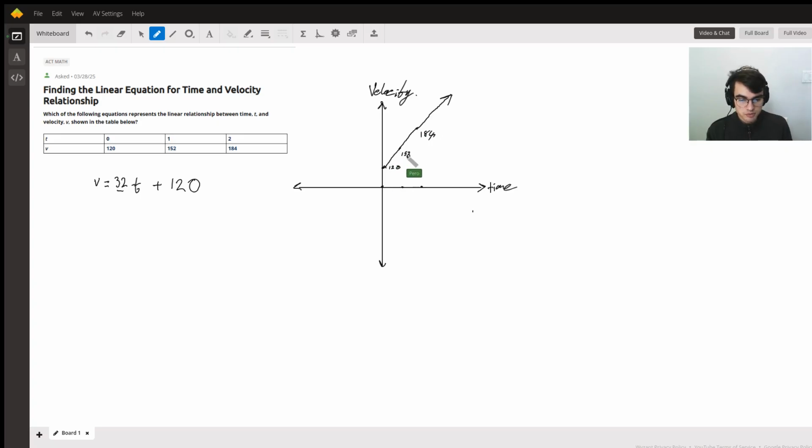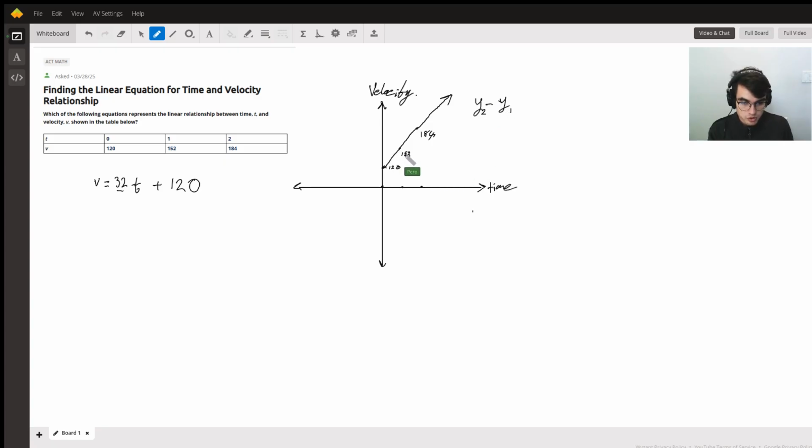The slope of this line is calculated by the slope equation, y2 minus y1.